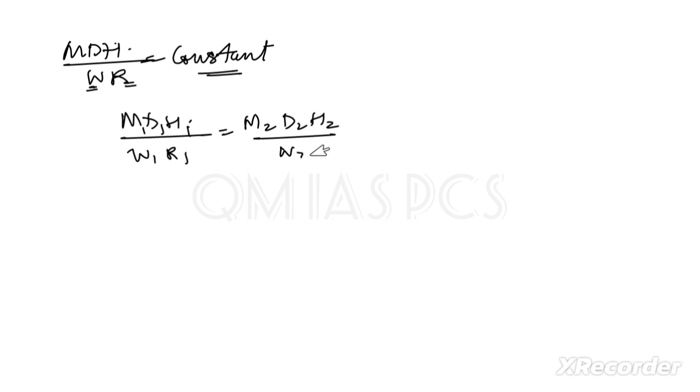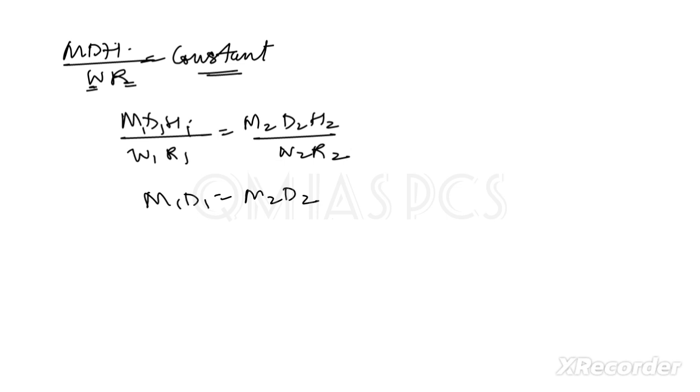You can write M1 D1 H1 by W1 R1 is equal to M2 D2 H2 by W2 R2. Whatever is given, just consider that. If M and D are given, you can write M1 D1 is equal to M2 D2. If M, D and H all three are given, consider all three. If four or five things are given, consider them accordingly.